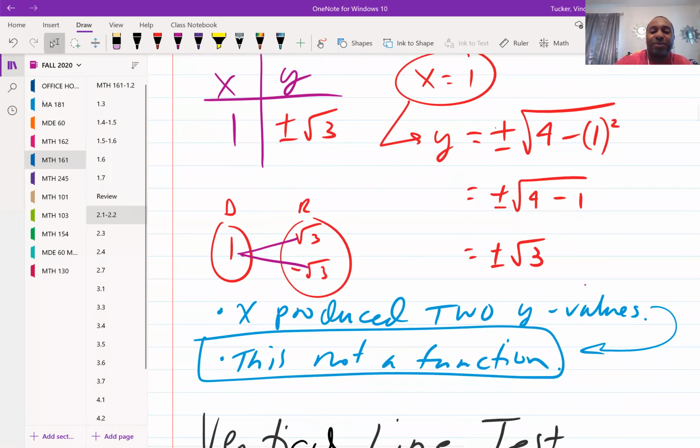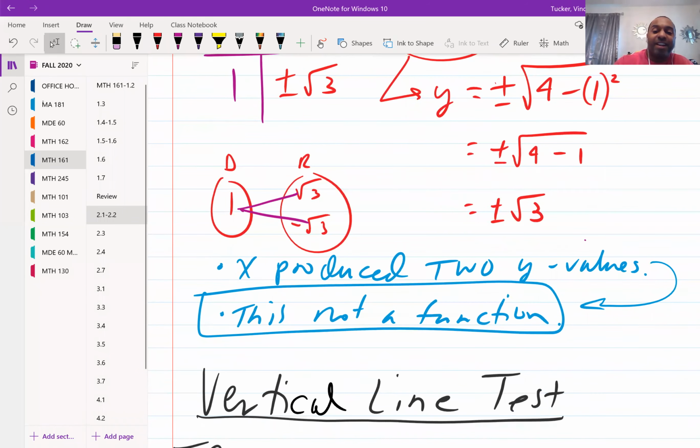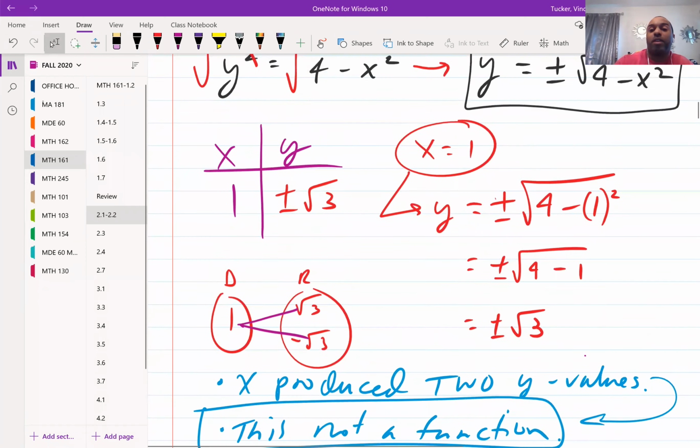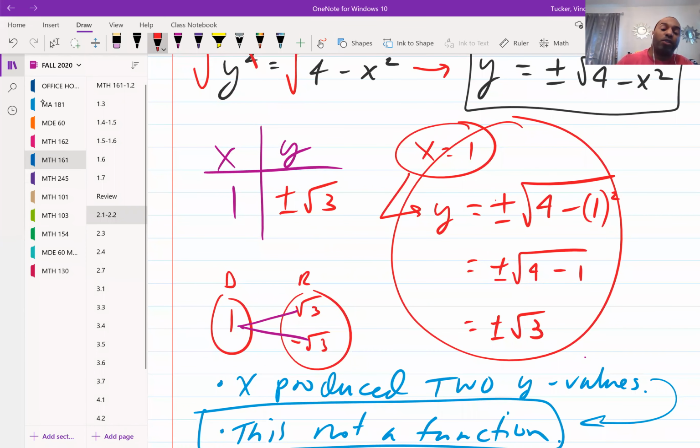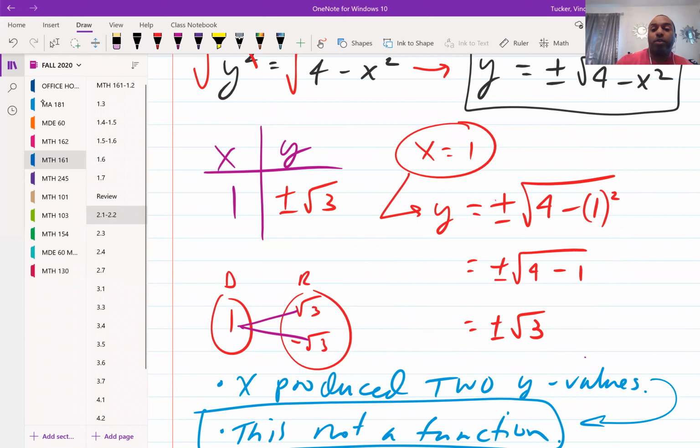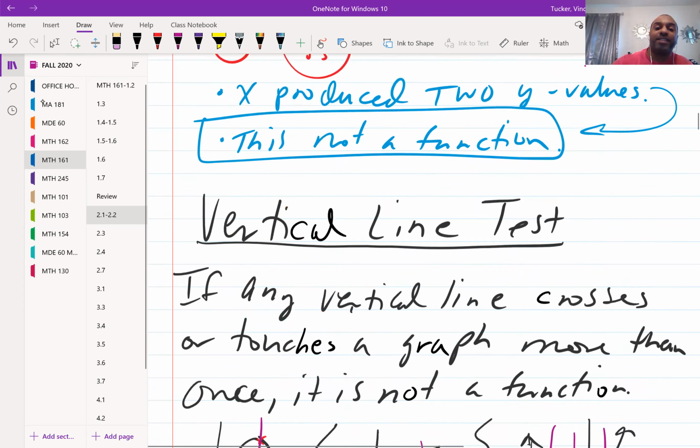Any questions before we scroll up? Look at the vertical line test. That's why I said this is your proof algebraically, because you can also prove it graphically. You could throw this equation in a graphing tool and then perform the vertical line test.